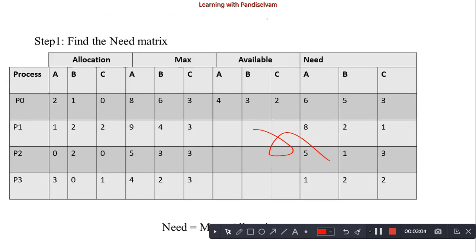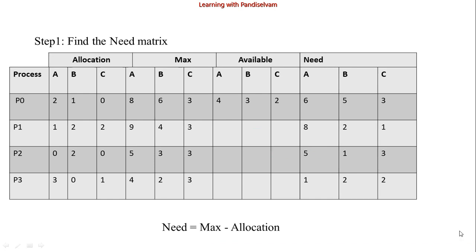So first step, you have to find the need matrix. How can we find the need matrix? It is very easy: need is equal to max minus allocation.